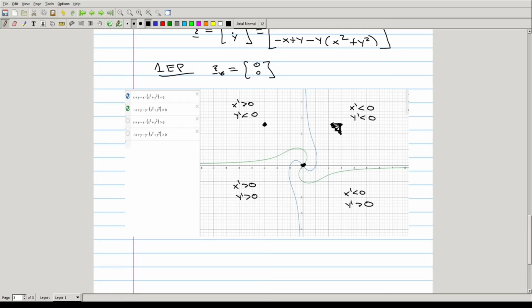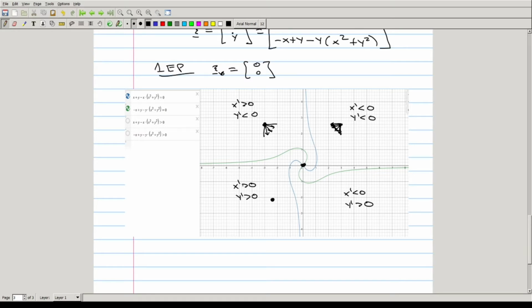Similarly, in this region, x prime is positive, but y prime is negative, which means the solution direction is forced to be in any angle here in the fourth quadrant relative to any one of these points.